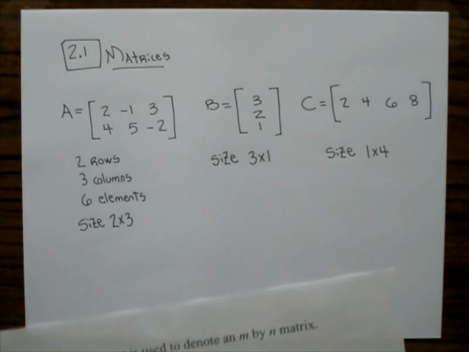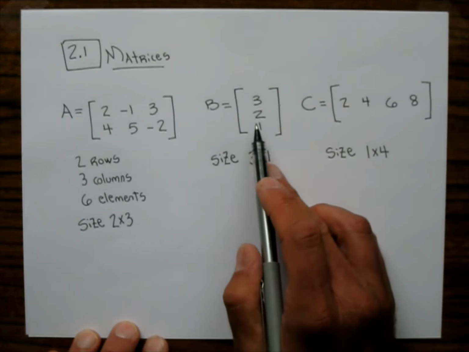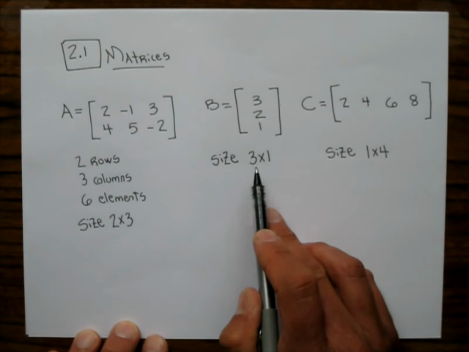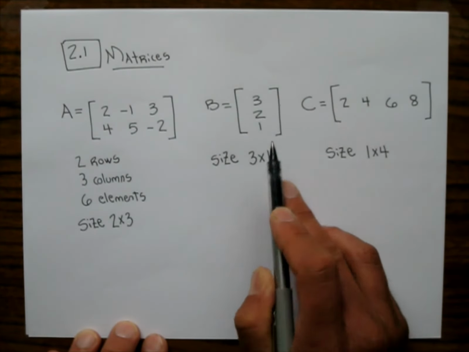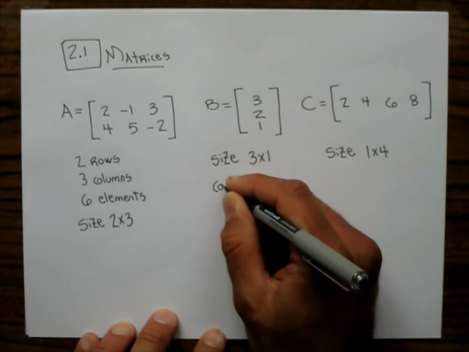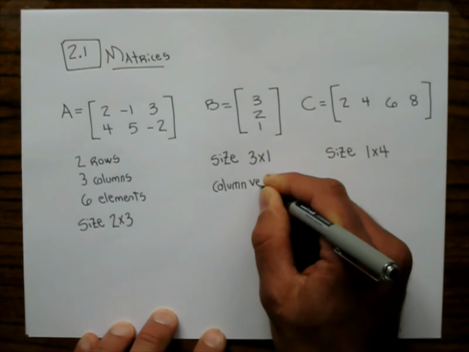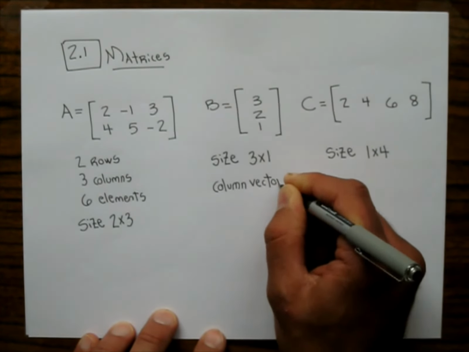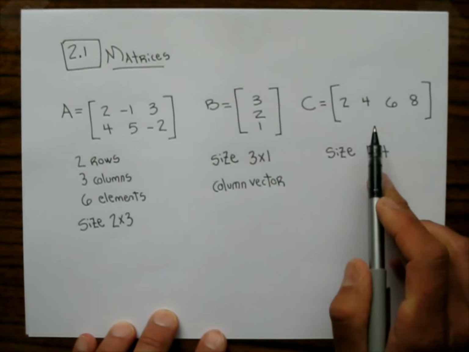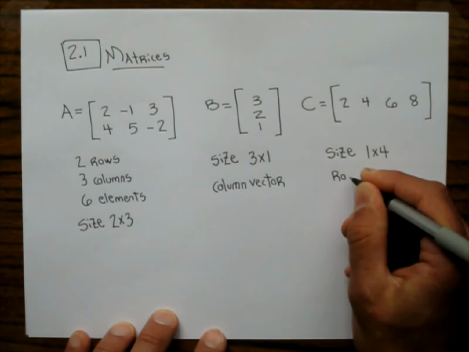Let's take a look at our example again here. This one right here is a 3 by 1 matrix, so it's called a column vector. And this one is a 1 by 4, so we call it a row vector.